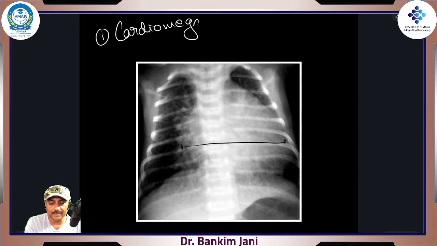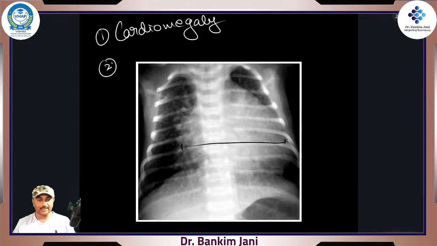When there is cardiomegaly, the first question comes: which chamber is enlarged? Can you appreciate that over here, pulmonary conus is not prominent. It is almost straight left border. Left heart border is straight, right?